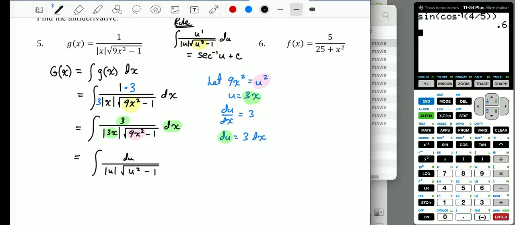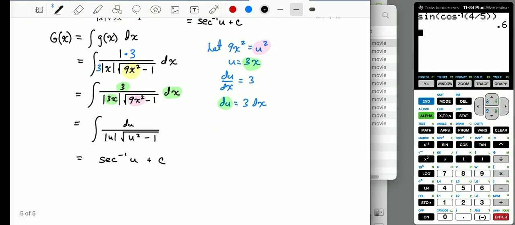We're looking pretty good here. Now it's inverse secant of u plus c, and off to the races, with u being 3x.